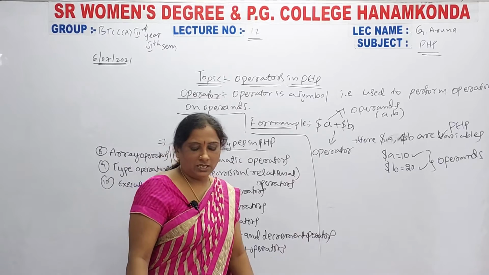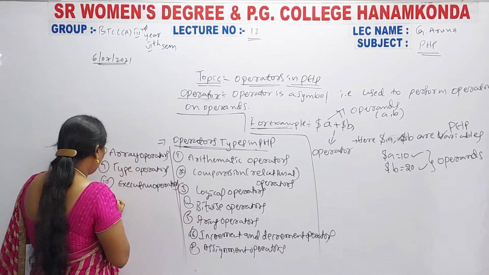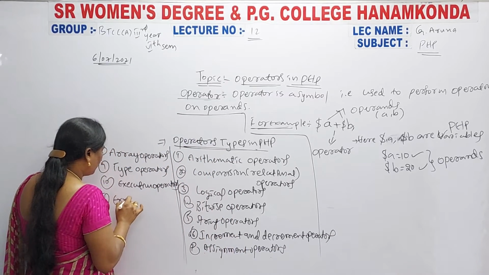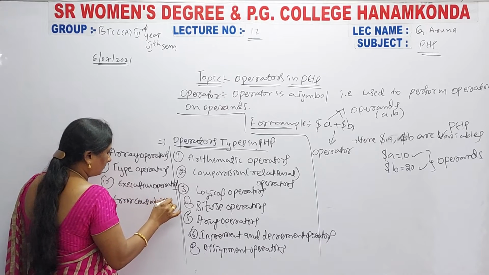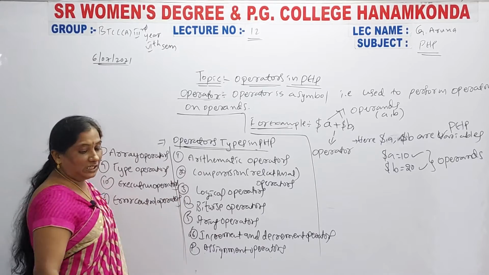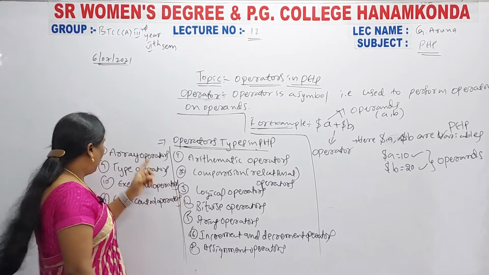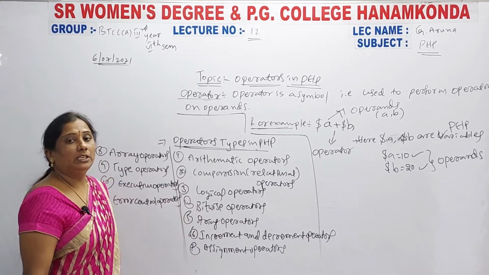The eleventh one is error control operators. So these are the 11 operators available in PHP.